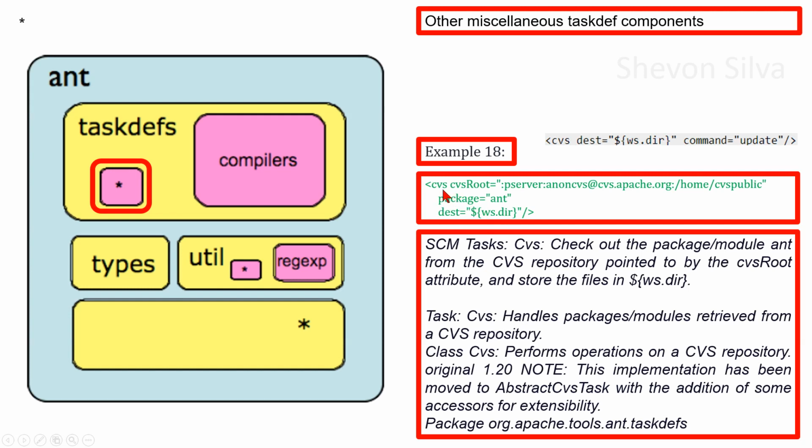Here the task CVS handles packages/modules retrieved from the CVS repository. With regard to the API, the class CVS performs operations on a CVS repository. Original 1.2 note: this implementation has been moved to AbstractCvsTask with the addition of some accessors for extensibility. This is in the package org.apache.tools.ant.taskdefs.